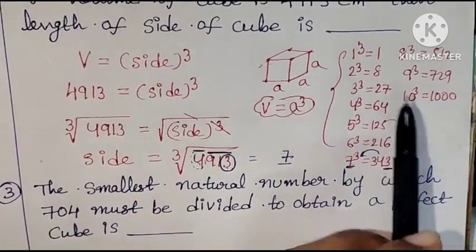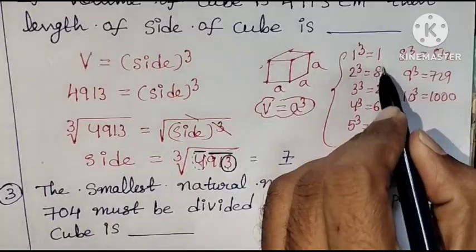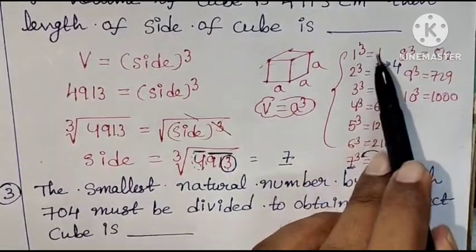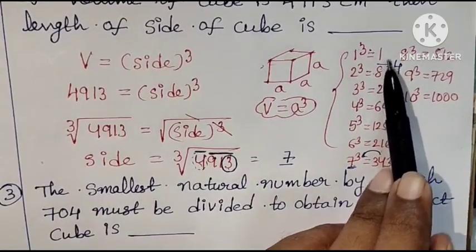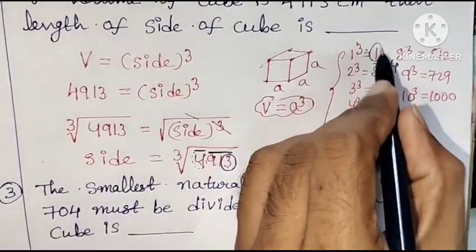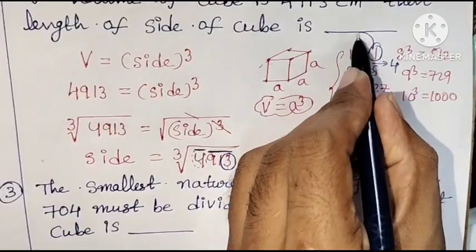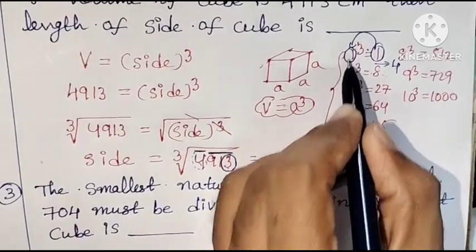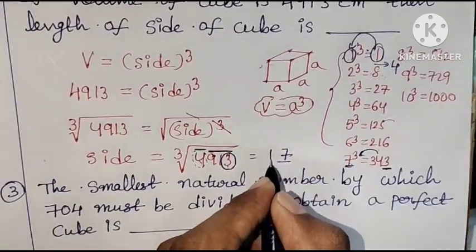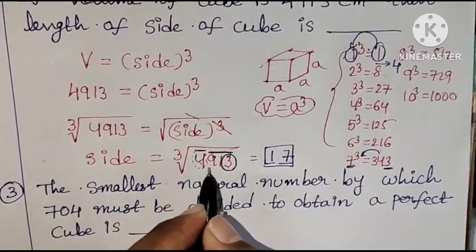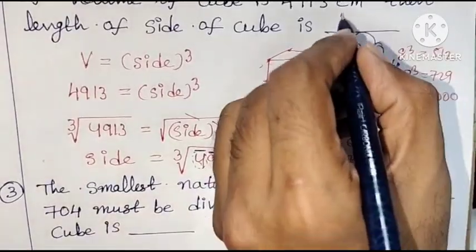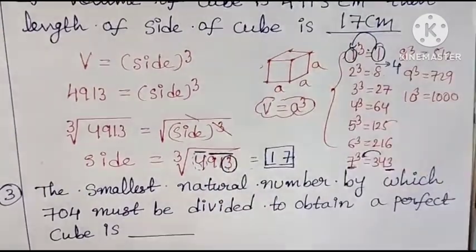Here 4 lies in between the perfect cube numbers 1 and 8. Now which one is the smallest among 1 and 8? 1. So 1 is the cube of 1. Therefore my tens digit is 1. So what is the answer? 17. So the cube root of 4913 is 17. 17 centimeters. Answer.